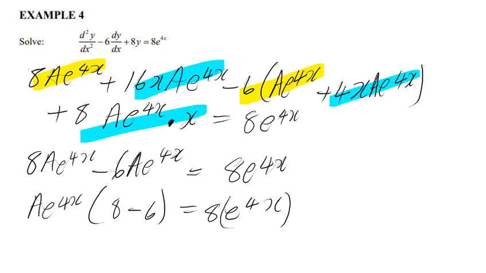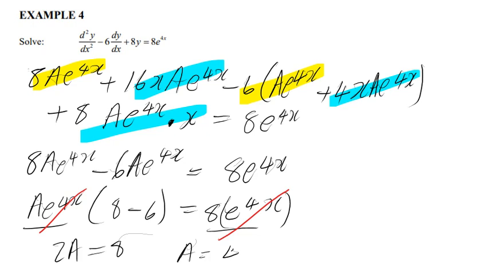So these two are going to cancel. Then you'll be left with 2a equals 8. Then your a will therefore be equal to 4.